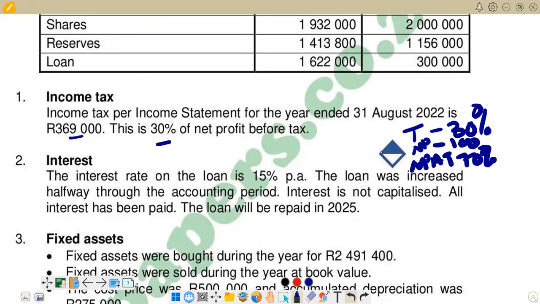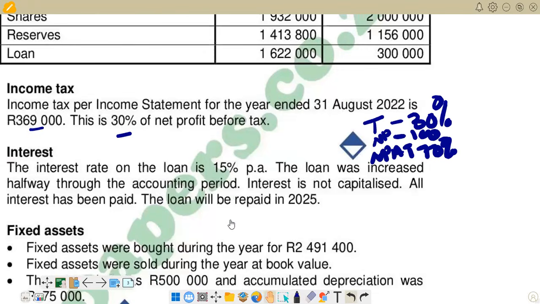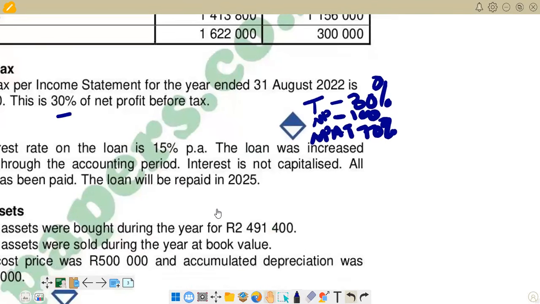But here we are given the figure for 30%, so we can just make a proportion there so that we find the figure for net profit. We want this figure for net profit, so we can make a proportion.